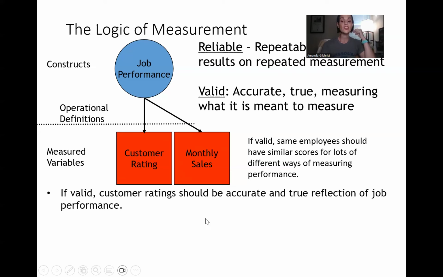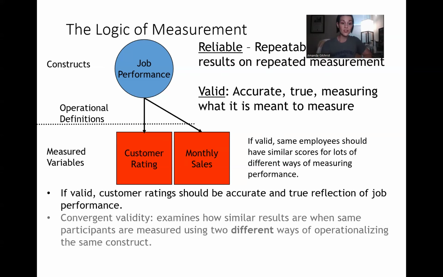So the customer rating should be accurate and should be a true reflection of job performance. And when we see multiple measures hitting on the same result, this is what is referred to as convergent validity, or converging validity. Basically, here we're looking at how similar results are when we're measuring participants with different operationalized measures of that particular construct of interest.